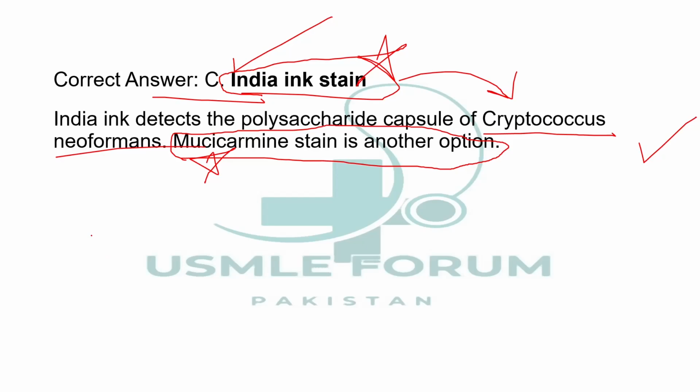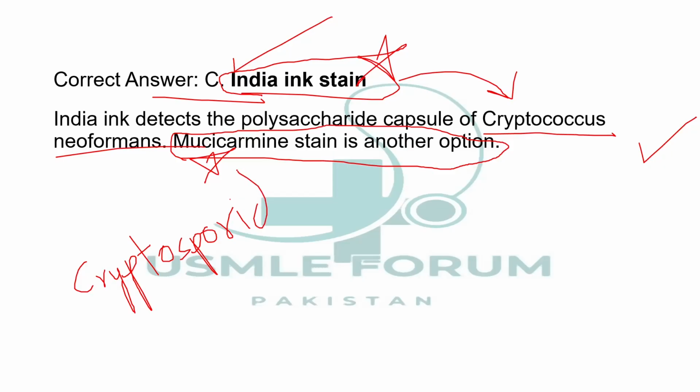One more high yield fact about this is that people mostly confuse cryptococcus with cryptosporidium. Both of them occur in HIV patients, but there's a difference. Cryptosporidium causes diarrhea, watery diarrhea.